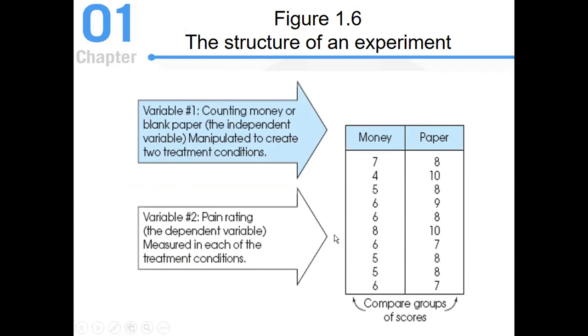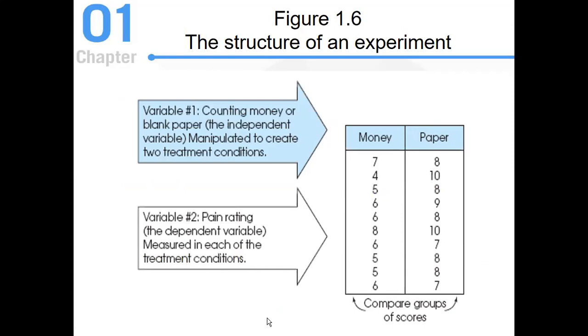There was some idea that if you were counting actual money, dollar bills, you would be distracted, you would feel pretty good, and you might rate the water as less painful than if you were just counting blank pieces of paper. We have to be open to the results coming out either way, but here we have randomly assigned people to either count money or count paper, and we can compare the groups in terms of the average pain score that they provide.